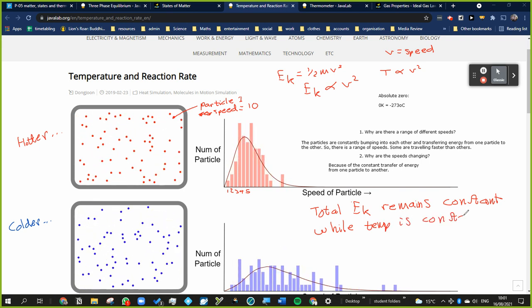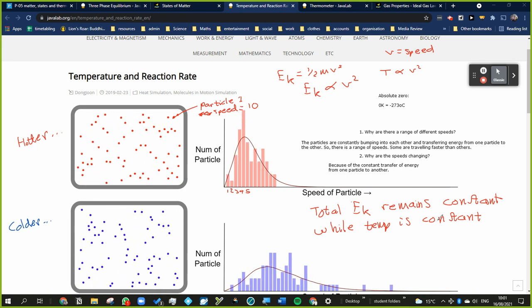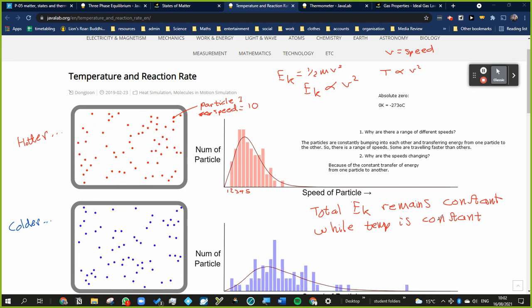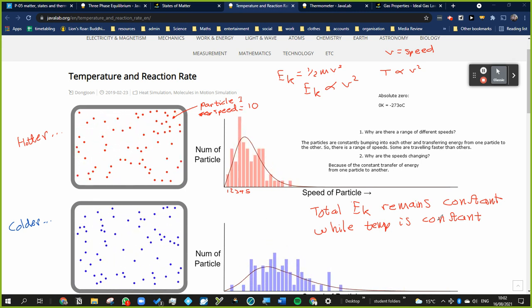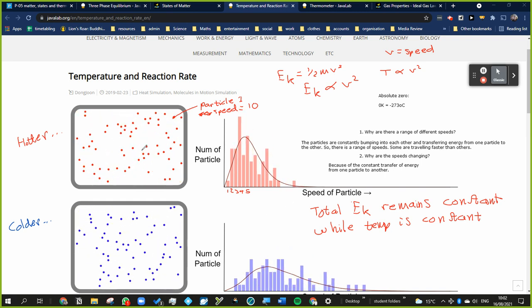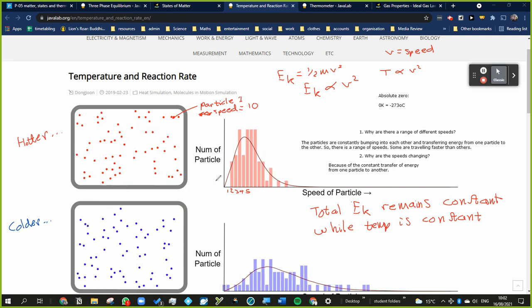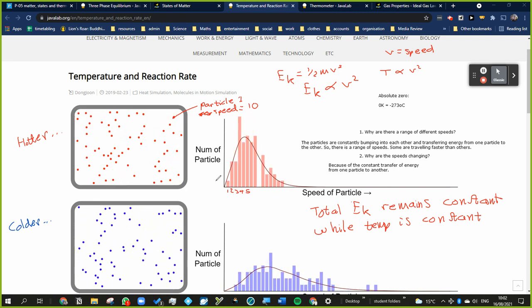If we allow energy to escape, then the kinetic energy is going to reduce, and the temperature is going to reduce. But while the temperature is the same, even though the kinetic energy of individual particles are changing, the total kinetic energy is going to be constant.